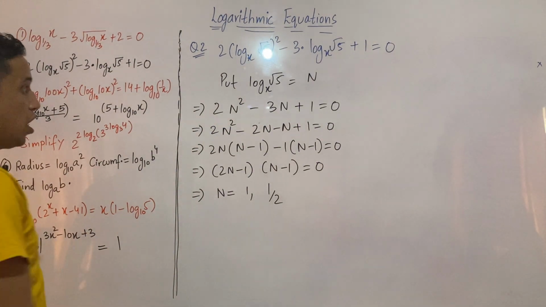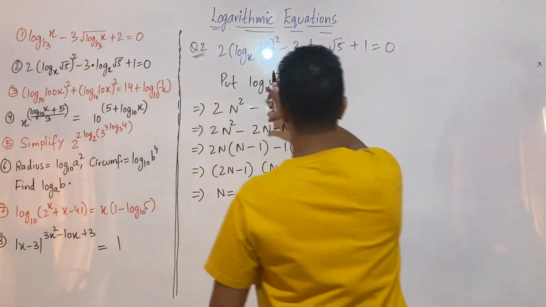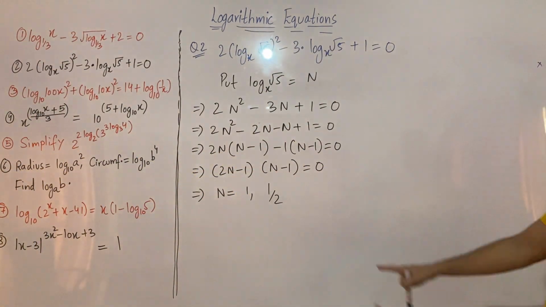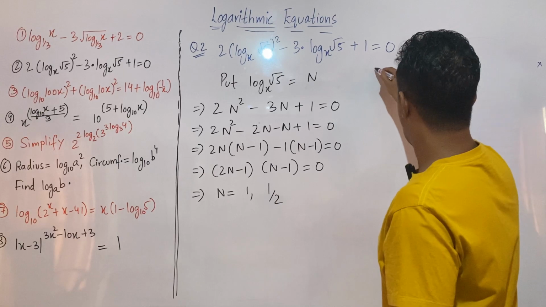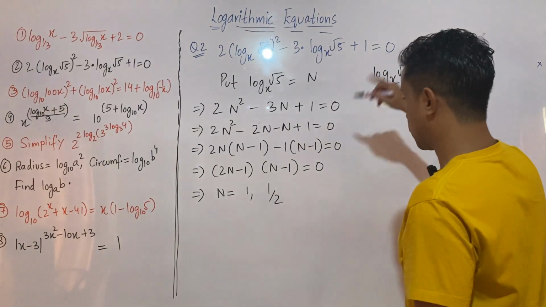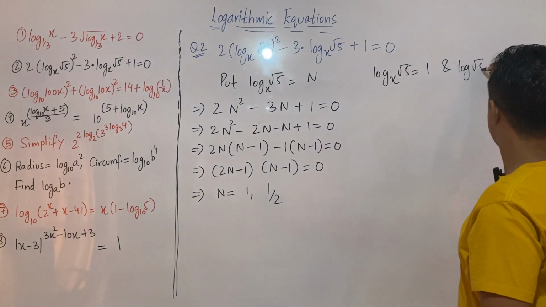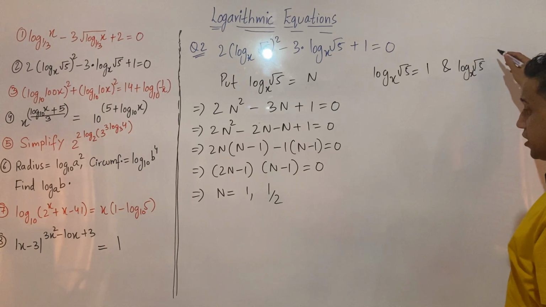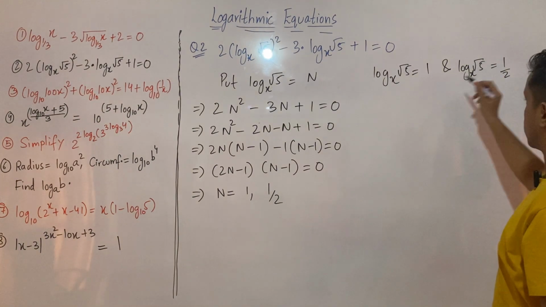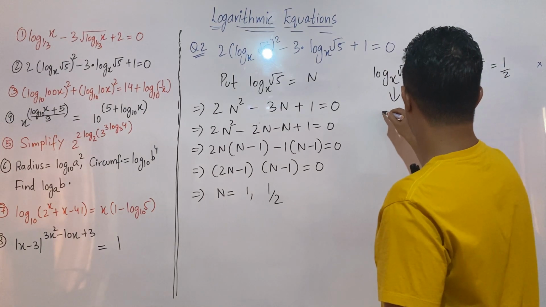Right? So now we have the values of n and we have to find the value of x. So from here, log root 5 to the base x is going to be 1, and log root 5 to the base x is going to be 1/2.